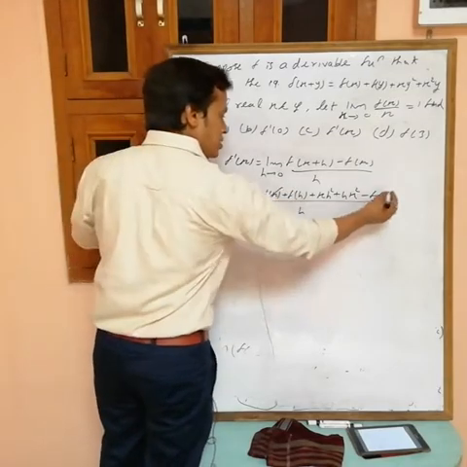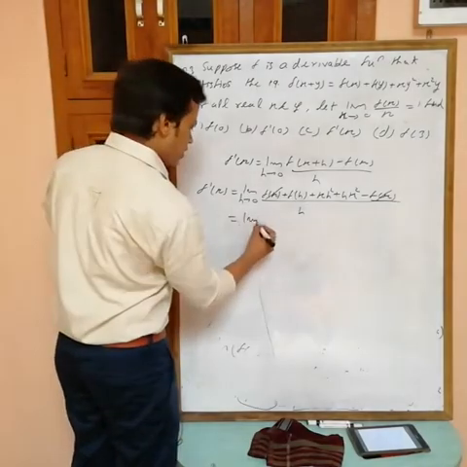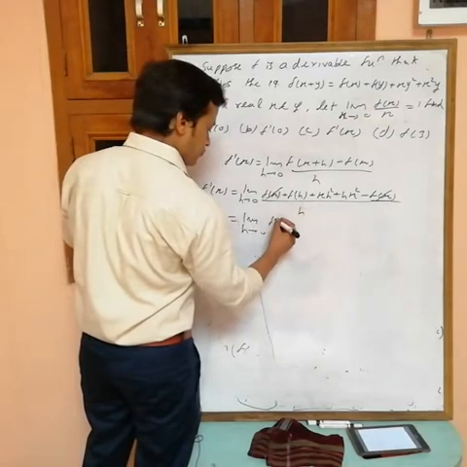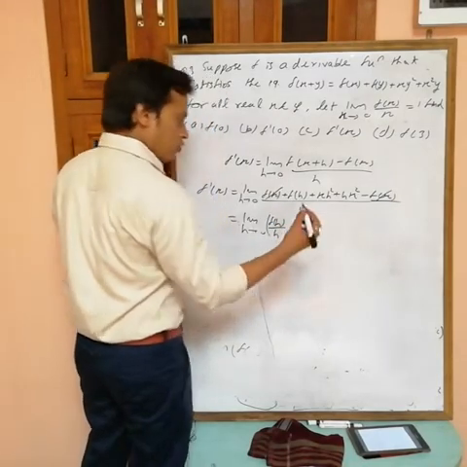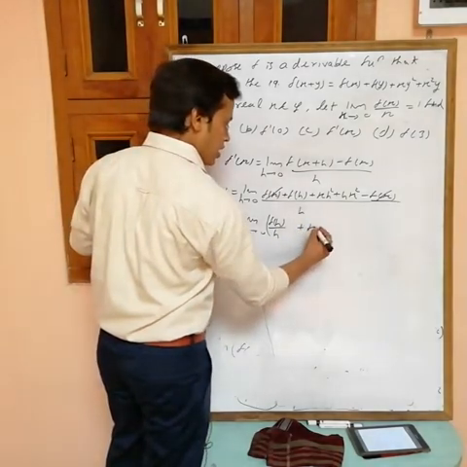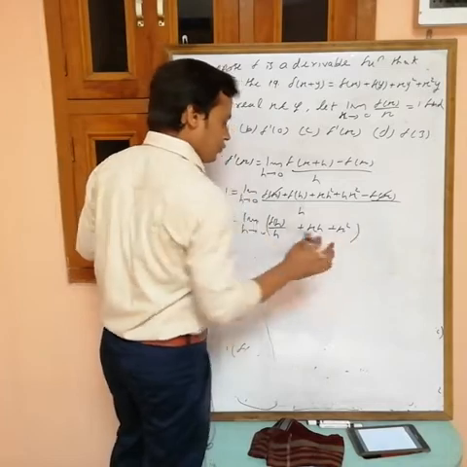Now f(x) and f(x) cancel out, and I can write limit h tending to 0 of f(h)/h plus xh plus x².